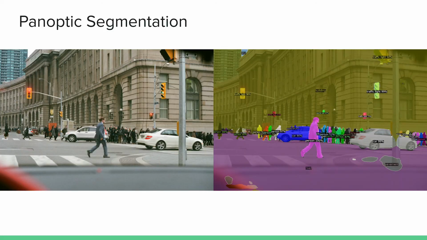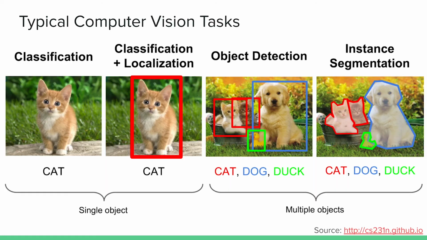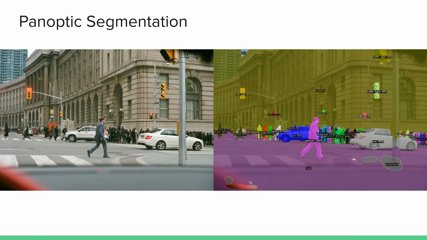There is even something which is, in my opinion, really ambitious, called panoptic segmentation, which is kind of the latest thing in research. They are trying to combine semantic segmentation, where they say this pixel belongs to that class, with instance segmentation, where we say this pixel belongs to this class of objects and to that instance. So we're basically classifying every pixel in the image and grouping them by object instance.